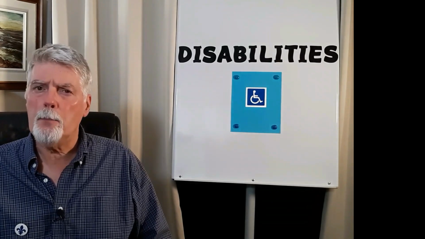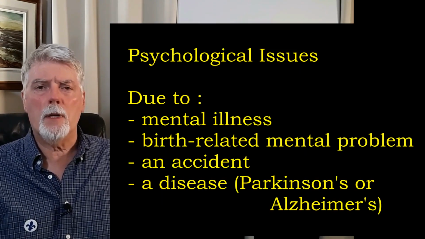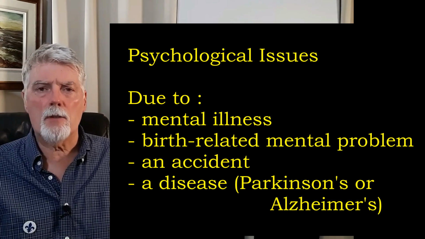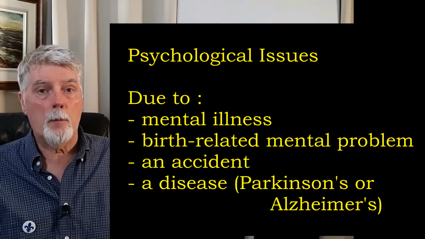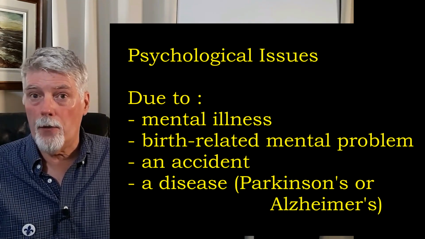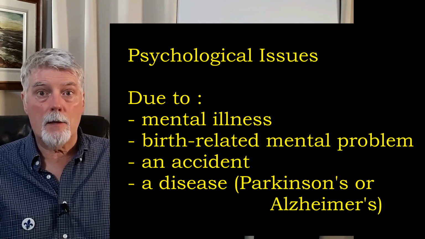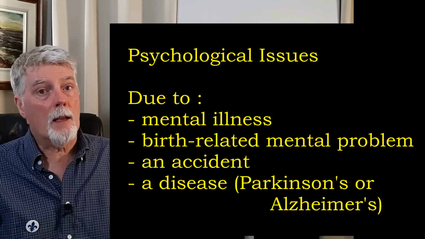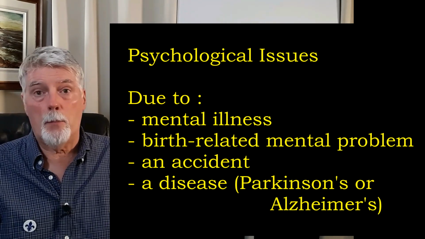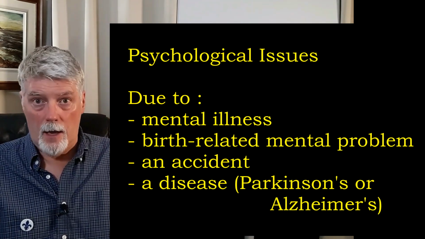Another category to consider is people who have psychological issues. Now, this could be various stages of mental illness, or perhaps a mental problem that someone has had since birth, or caused by an accident, say, for example, a car accident, or an accident at work, or it could be a disease, say for example Parkinson's or Alzheimer's, that starts later in life.